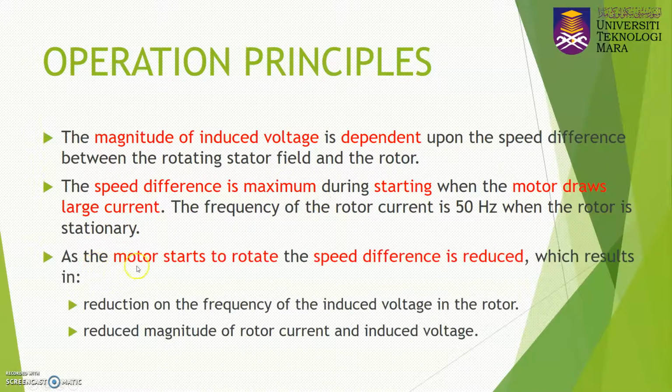When the motor starts to rotate, the speed difference is slowly reduced, which consequently reduces the induced voltage in the rotor, as well as the magnitude of the rotor current that flows in the rotor.